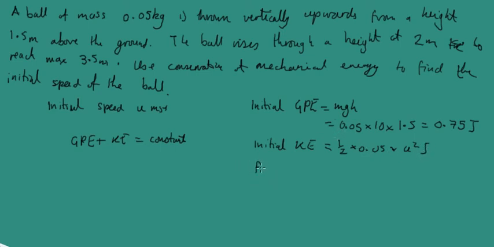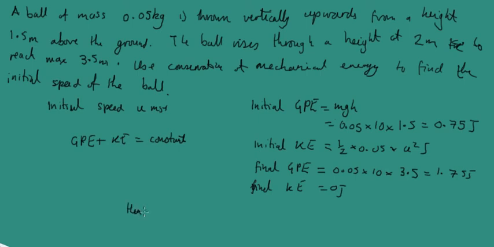Now we want the final gravitational potential energy, which is going to be 0.05 times 10 times the final height of 3.5, which is 1.75 joules, and the final kinetic energy is going to be 0 joules, because the final speed is going to be 0 when it's at its maximum height.